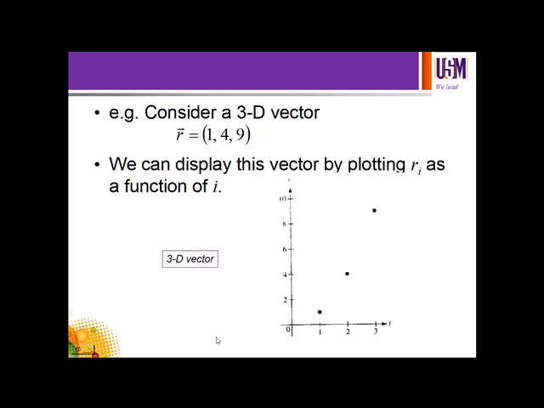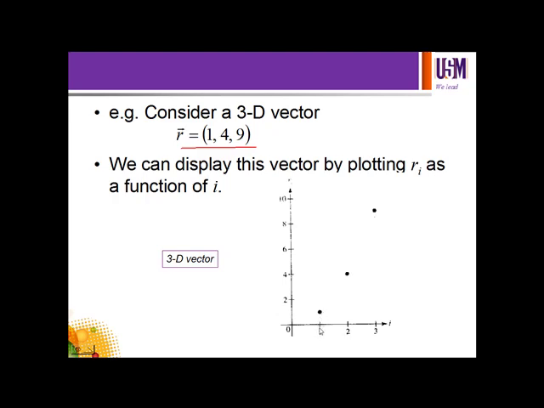Now let us consider an example, a three-dimensional vector. I think this is quite normal: x, y, z. Vector r equals 1, 4, 9. When we plot it, we can display this vector by plotting ri as a function of i. The x-axis is i, the index of the component: 1, 2, 3. Ri is the y-axis. The 3D vector can be represented by three dots.